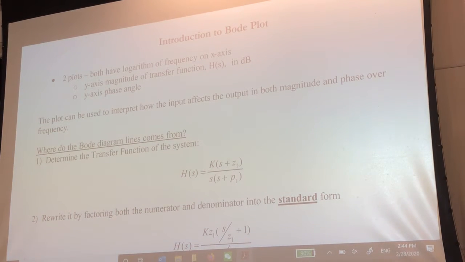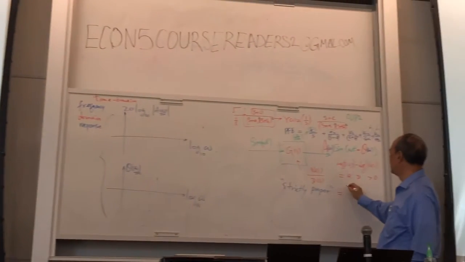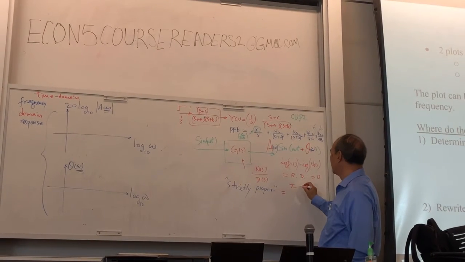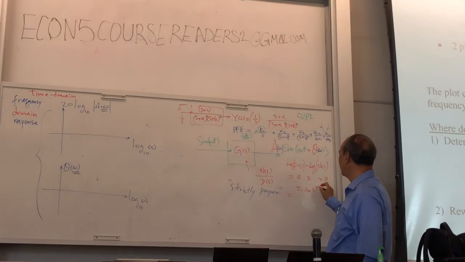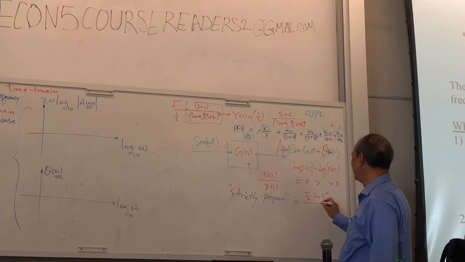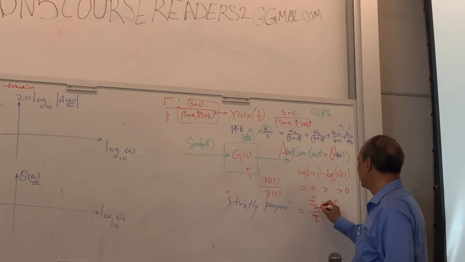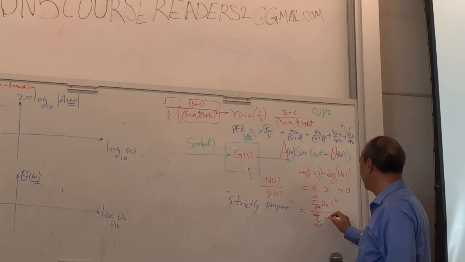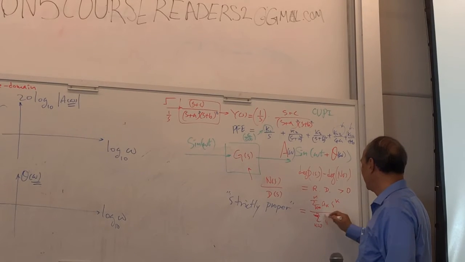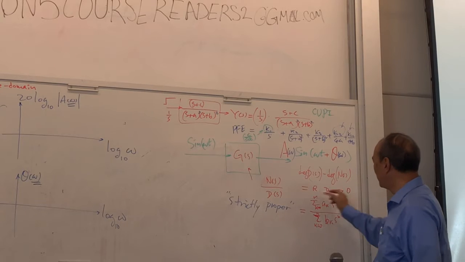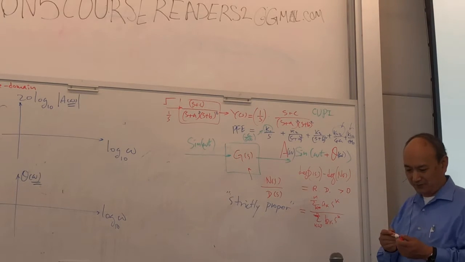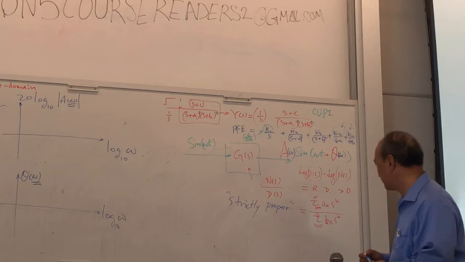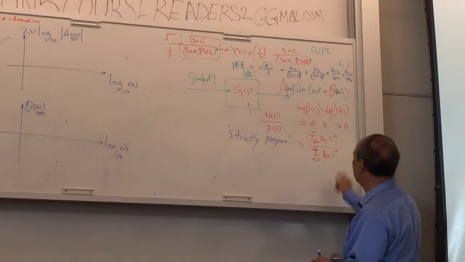Usually this is a polynomial, written as a sum of a_k s^k in the numerator and b_k s^k in the denominator.